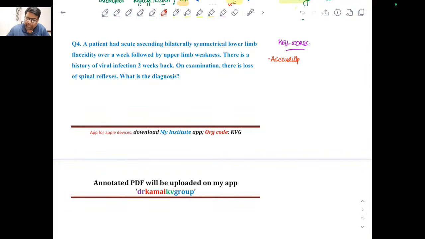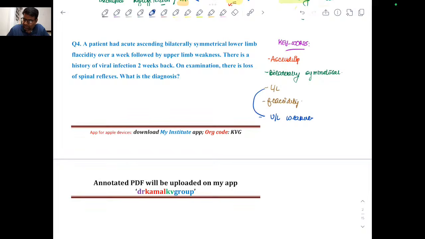Ascending, bilaterally symmetrical, then lower limb flaccidity. Okay, so I'll write flaccidity as a separate word. Flaccidity, right? And then later on there is upper limb weakness.